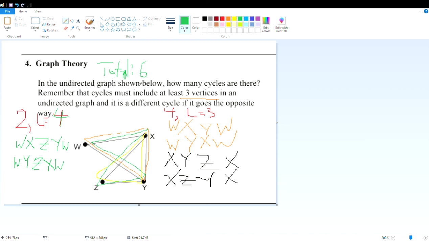Okay, so 6 is an even number, so that indicates that this is the correct answer. If we had an odd number, then you've made a mistake. The total number of cycles in an undirected graph has to be an even number.